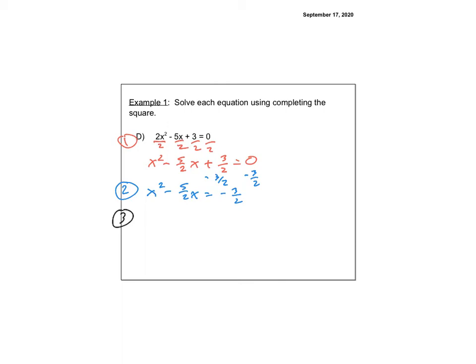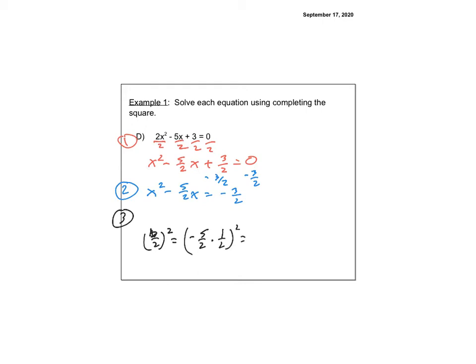Now I'm going to go ahead and find my b divided by 2 squared. So b divided by 2 squared. So my b value there is a negative 5 halves. Another way of dividing by 2 is the same thing as multiplying by the reciprocal, which would be a half. So I'm going to take negative 5 halves there and multiply it by a half and squared.